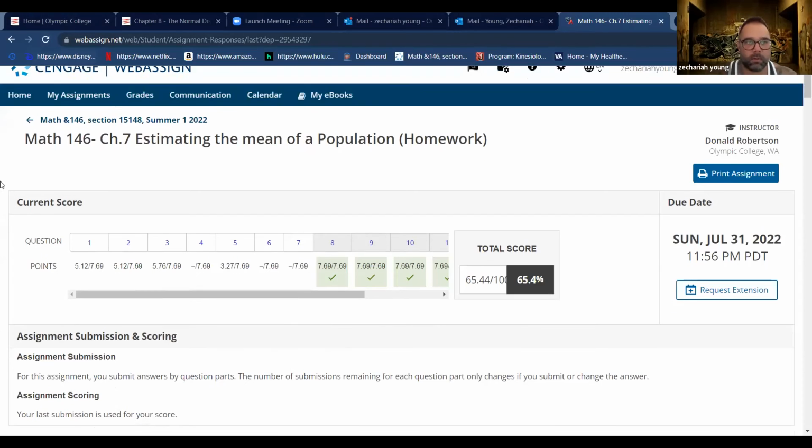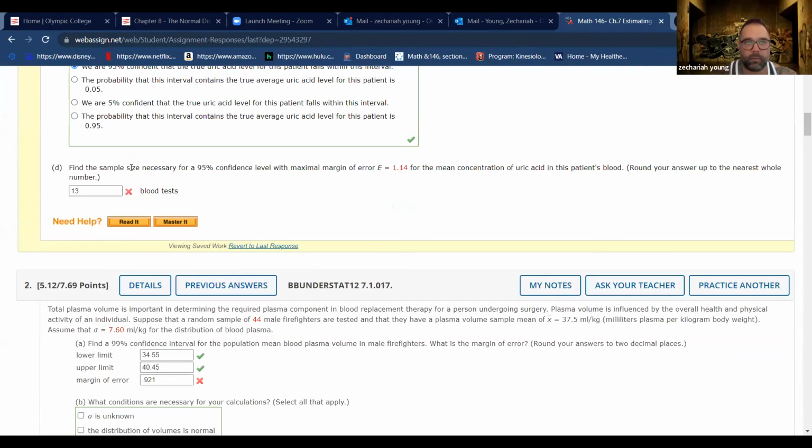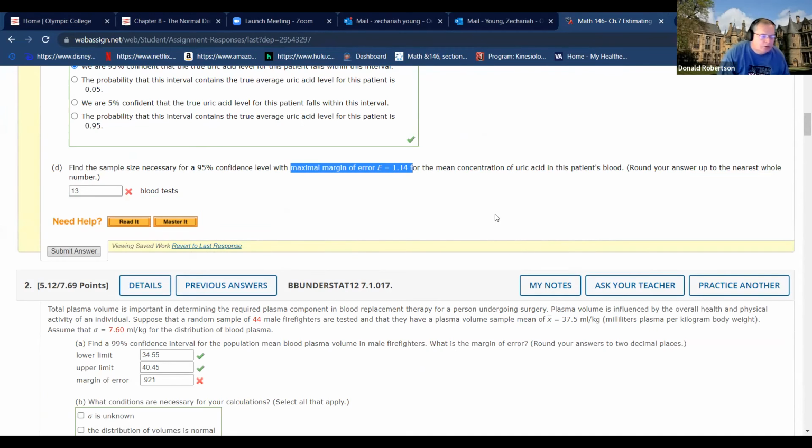All right. I'm having a problem with how to do this right here to get that. So this is a find-the-sample-size question. Right, so the formula that we're going to use, I'm writing this down and you'll see it in a minute. Okay, so it's going to be a 95% confidence interval.